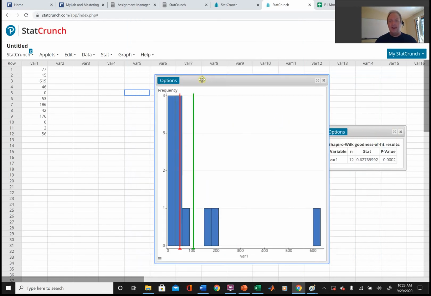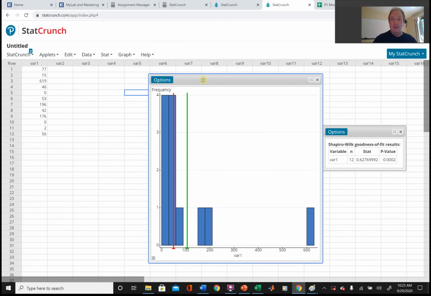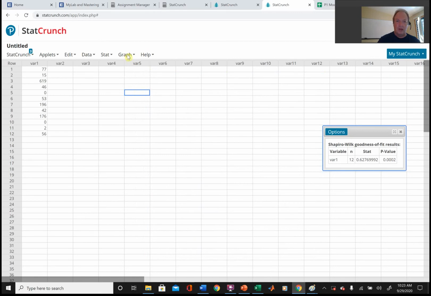You can see that it's very, very hard, and there's a reason why. You don't have enough data values to fit a nice smooth curve. There's not enough things to fill up the bins. I could sit here all day and play around with this, and it's going to be almost impossible to fit to anything remotely nice. So we go to dot plot.